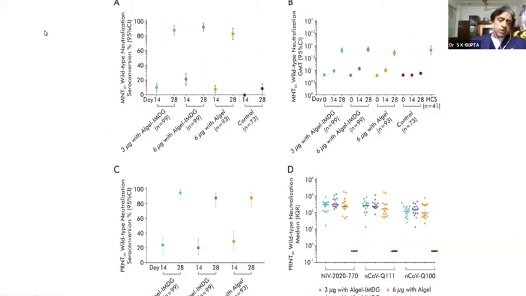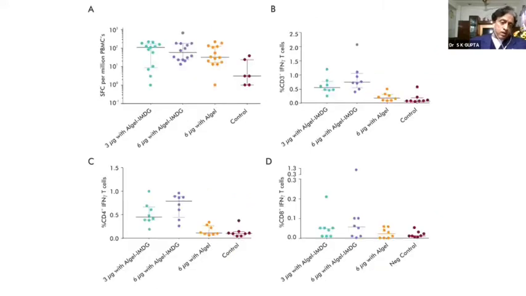And this is the neutralizing antibody response to the vaccine. A good amount of antibodies, even neutralizing antibodies, have been produced by the small dose as well as the large dose when the adjuvant Algel-IMDG is given along with the inactivated virus.